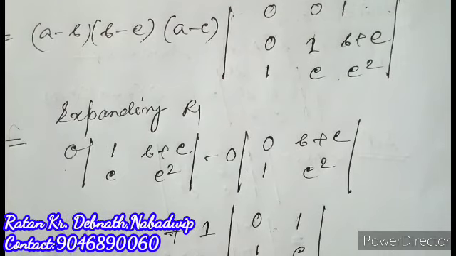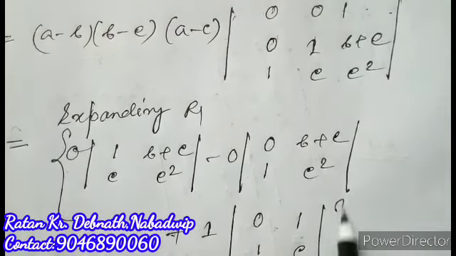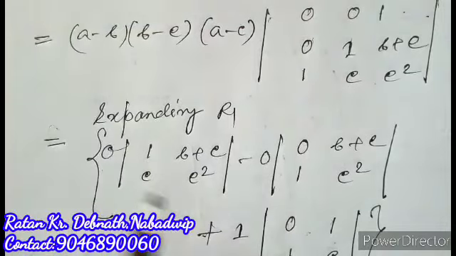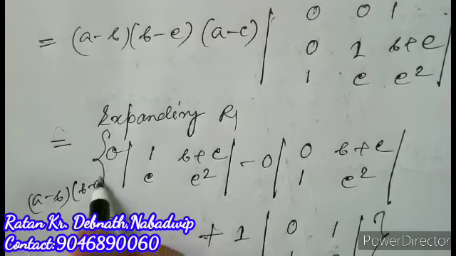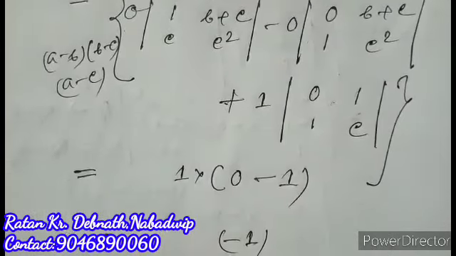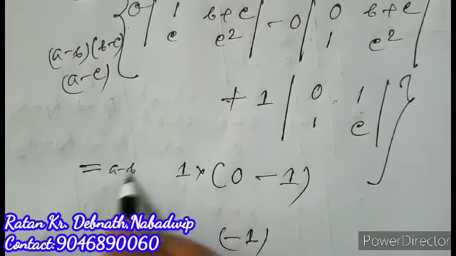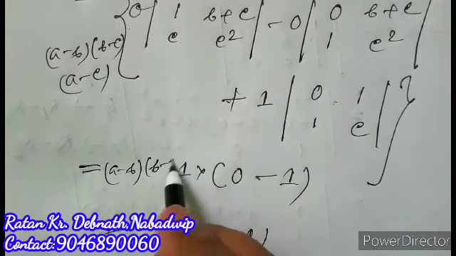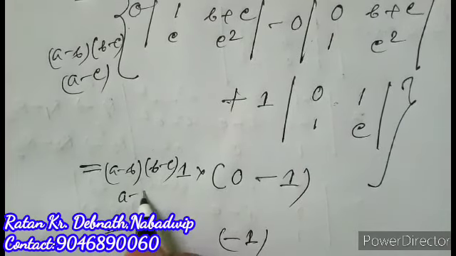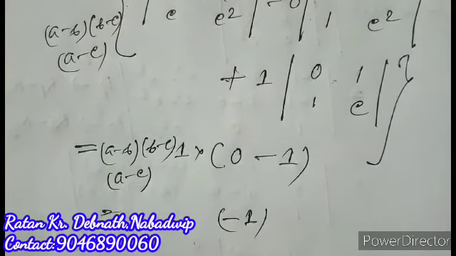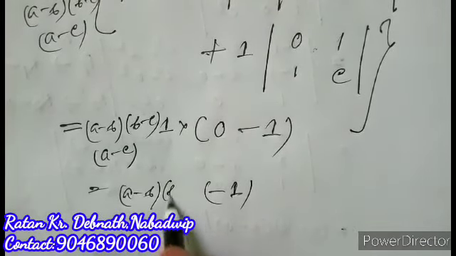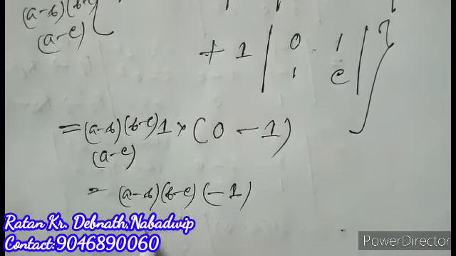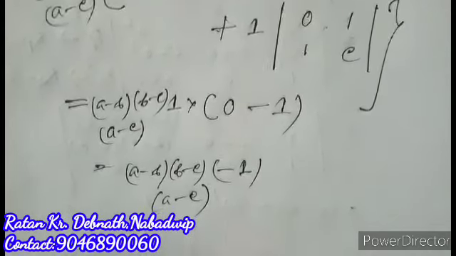I forgot to write here: we write all the three terms, a minus b into b minus c into a minus c, into minus 1.